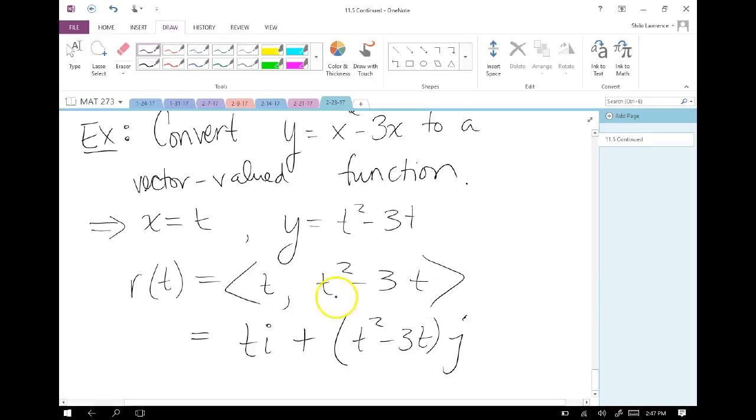If your component has multiple terms, I always do plus and put it in parentheses. If it's a single term and it's negative, then I'll sometimes put minus. But if it's multiple terms, I always do plus and put it in parentheses, because we don't want just the sign of the first term to dictate the sign of everything.